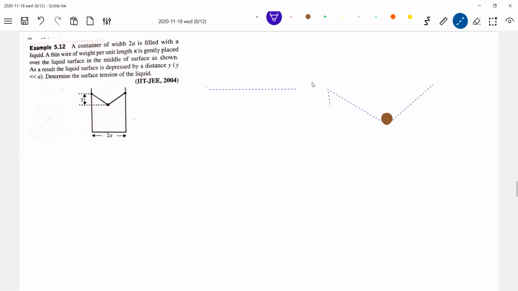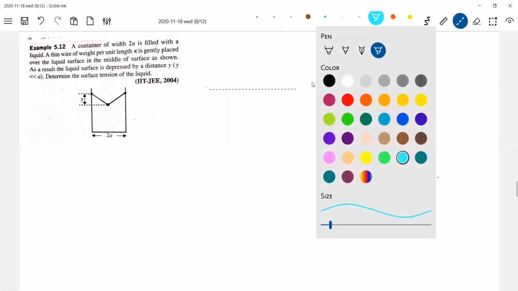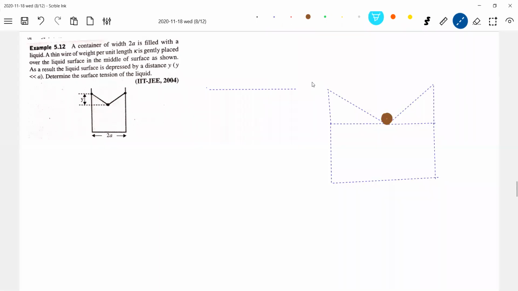It's telling the depression is y. This everything is a liquid. Get into the mathematics very fast. How should the force due to surface tension act?